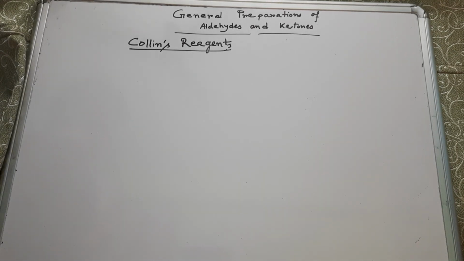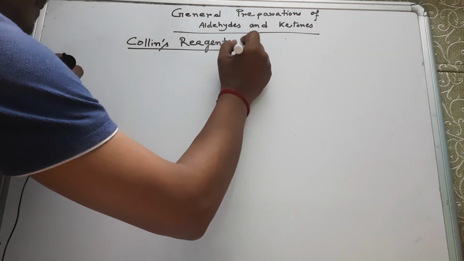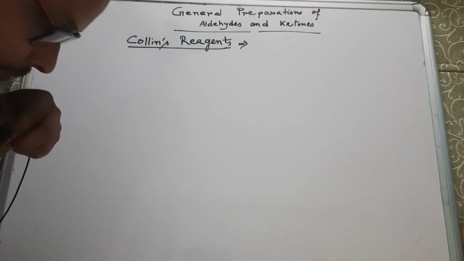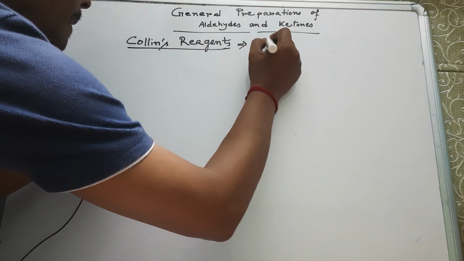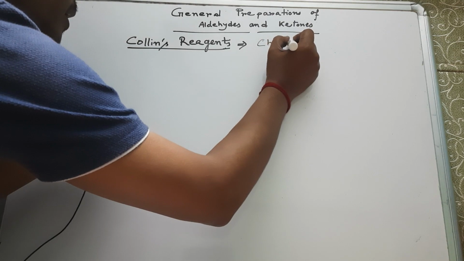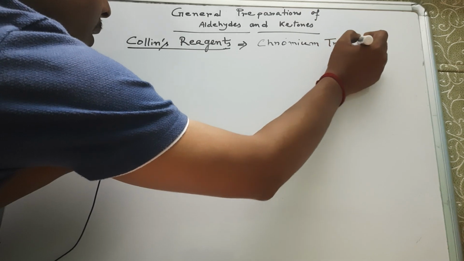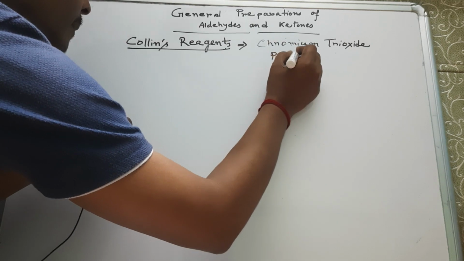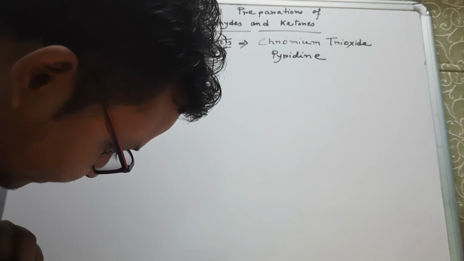Collins reagent is chromium trioxide pyridine. Pyridinium chromium trioxide. Chromium trioxide pyridine.